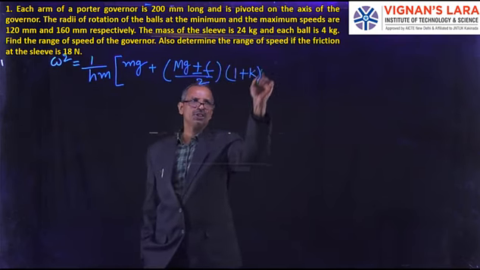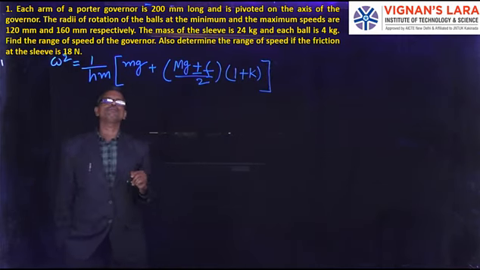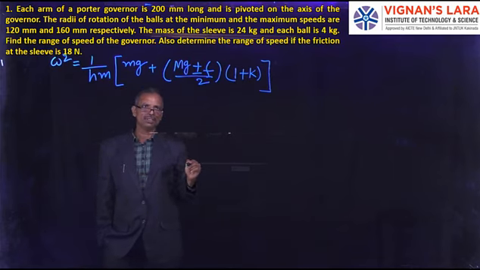This is the equation we have just derived. Omega square is equal to 1 by hm into mg plus or minus f by 2 into 1 plus k.